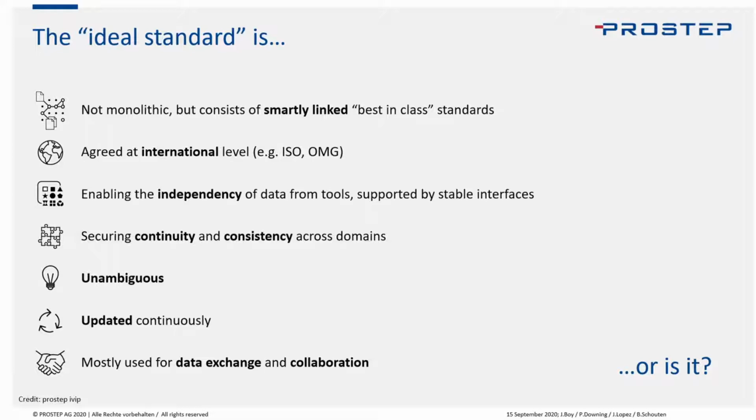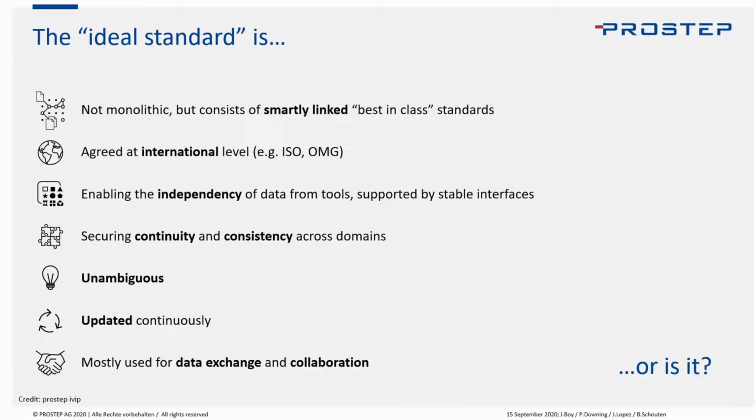ISO is the most prominent example, but there are other associations such as the Object Management Group, for instance, that basically do the same thing. So the main motivation for having a standard is to enable the independence of data from tools, that you have stable interfaces, basically that you don't need to change the data when you change a tool.